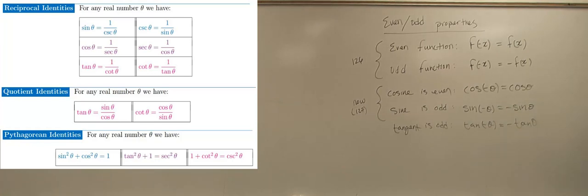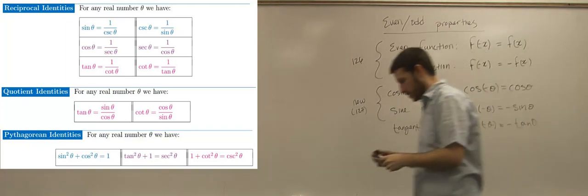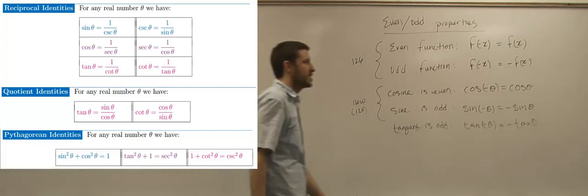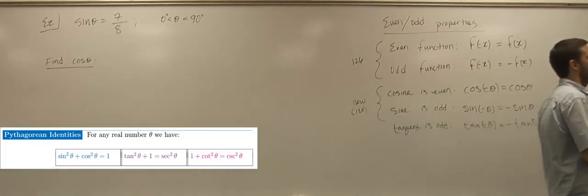This one might look promising. Tangent of theta equals sine theta over cos theta. But why is that no good? We don't know tangent. So the only identity that has sine theta and cos theta and nothing else is your Pythagorean identity. That's why it's pretty powerful.